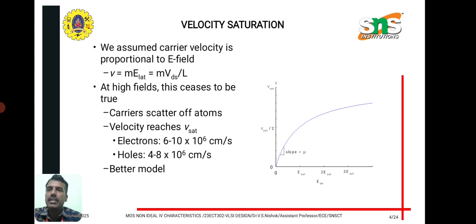But in the non-ideal condition, if we see this plot, if the electrical field increases from 0, at the earlier stage the velocity also increases. But if the electrical field is increasing more, then the velocity goes to the saturation region, there is no increase in the velocity. So that is the non-ideal case.